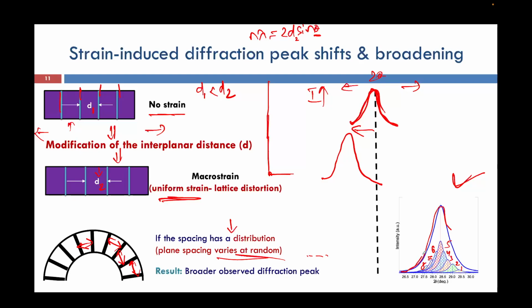And finally the convolution of all those broadenings gives a single peak like this. That means it will broaden my peaks. So considering size also, my crystallite size will broaden the peak shape, and strain, if anything is there, will also broaden my peak.